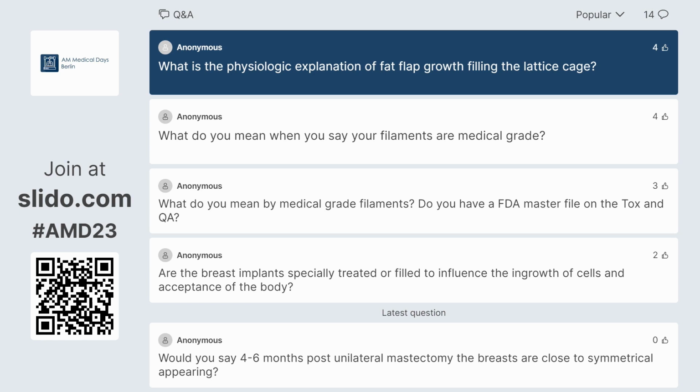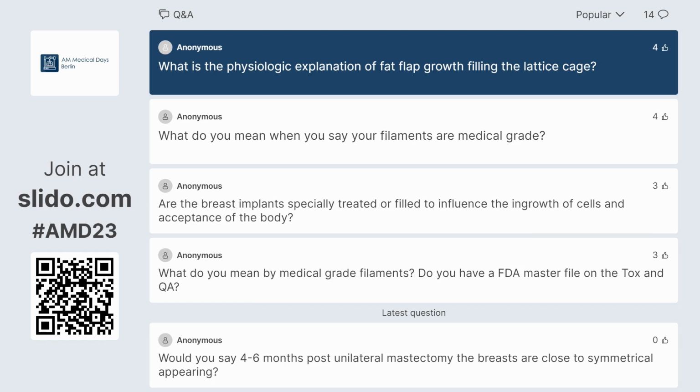That's the explanation. You have an increase in the number of cells: stem cell proliferation, then differentiation into pre-adipocytes, and after that into mature adipocytes. It's not an increase in fat volume, it's an increase in cell number and not cell volume.